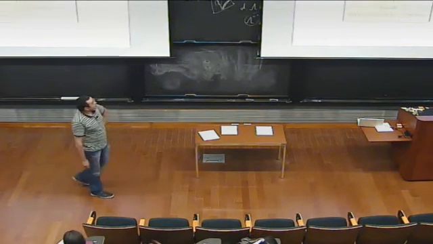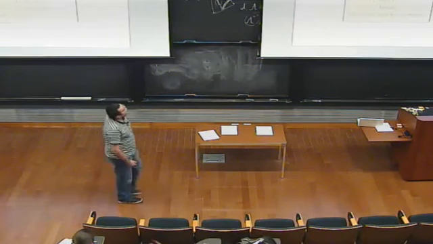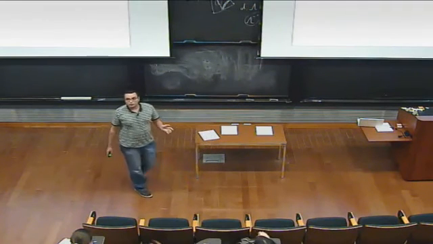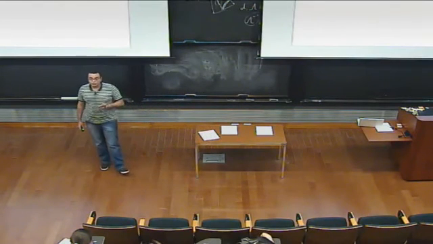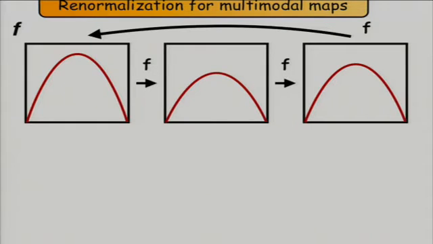Okay, so I'm going to talk about renormalization for multimodal maps. I wanted to explain renormalization for arbitrary multimodal maps, but actually you can reduce the situation to compositions of unimodal maps. If you pick an infinitely renormalizable multimodal map, deep renormalizations with large period are actually compositions of a finite number of unimodal maps, a map like this.